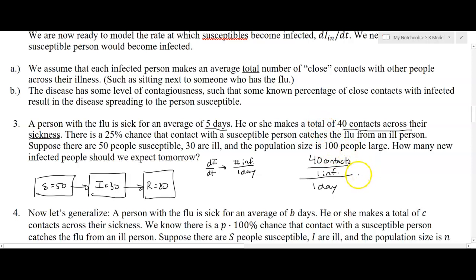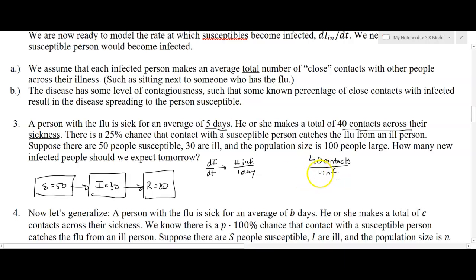Now we need to, that's across 1 day, so we need to divide that by 5 days, because that's, oh, I'm sorry, this is not per day, this is per infected. So we'll just say per infected.